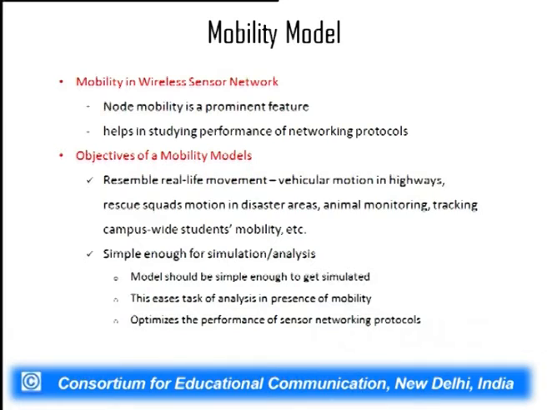Now let's come to the mobility part. We know that mobility is a very prominent feature of wireless sensor networks, because there are actuators that are more powerful sensors, having better battery backup and higher processing capabilities.